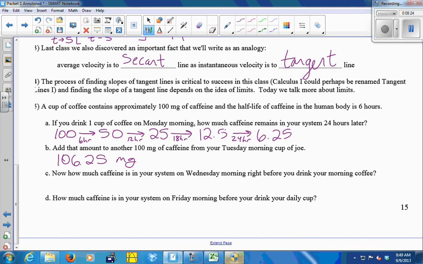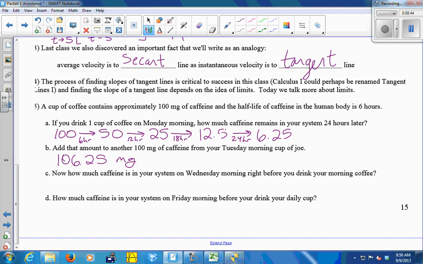24 hours later, Wednesday morning, right before I drink my morning coffee, how much caffeine is in my system? 6.64. How'd you get that? Divided by 16 again, because you're going to half it 4 times.